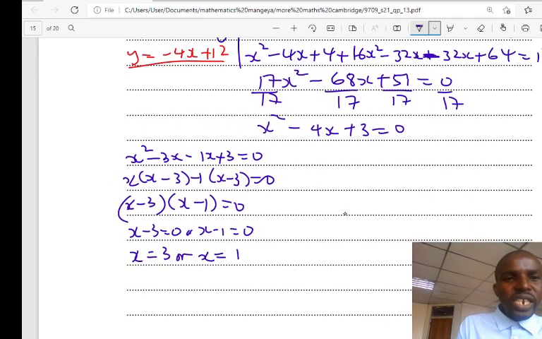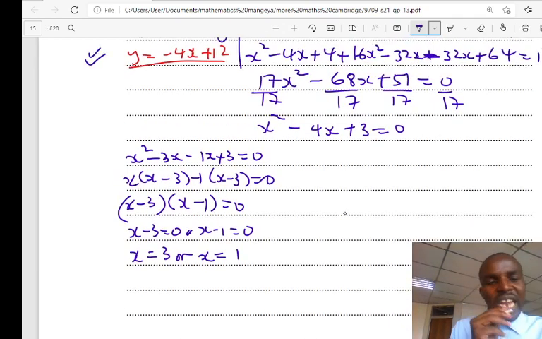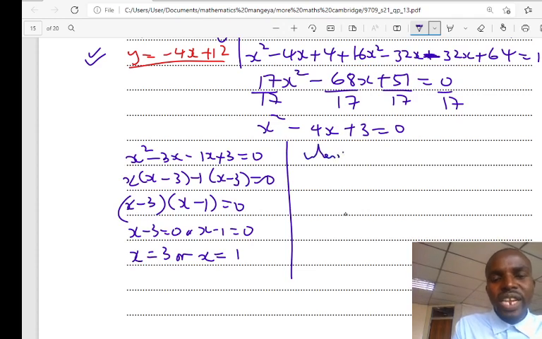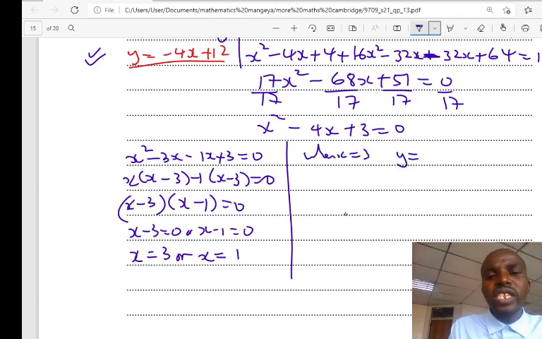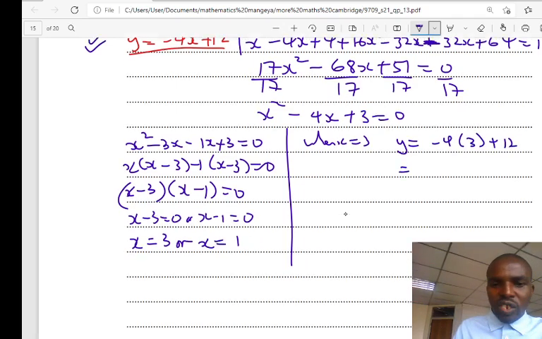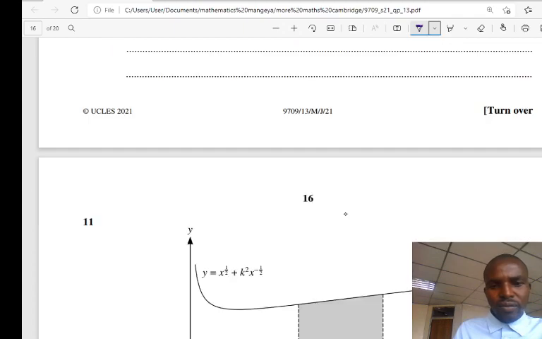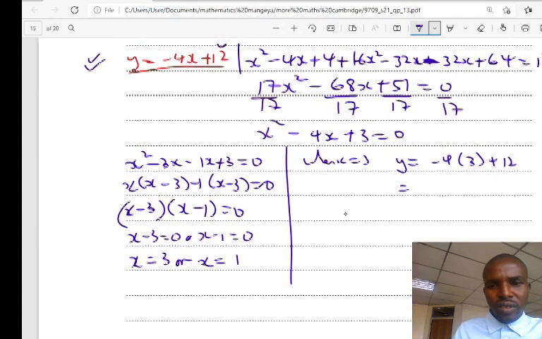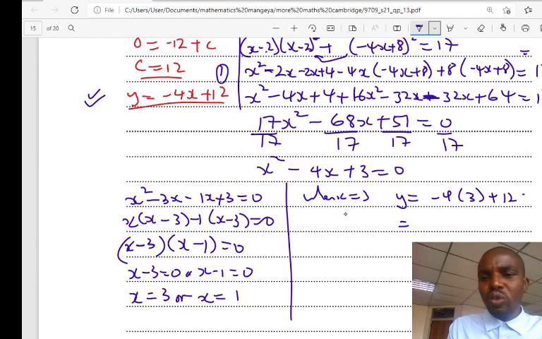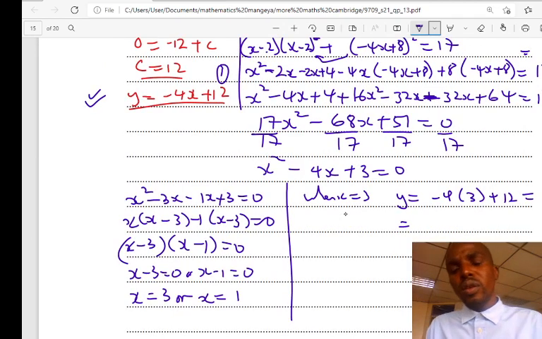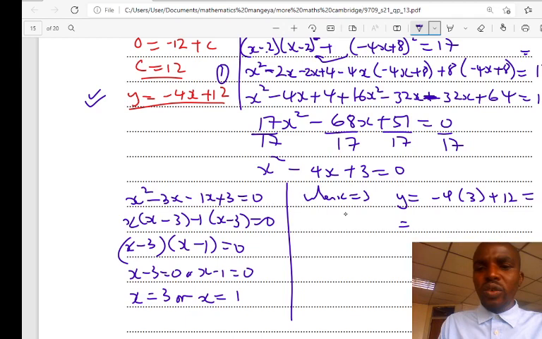For y, you can use our equation of the line. When x is equal to 3, then y is equal to minus 4 times 3 plus 12. Minus 4 times 3 plus 12, you get 0 here.